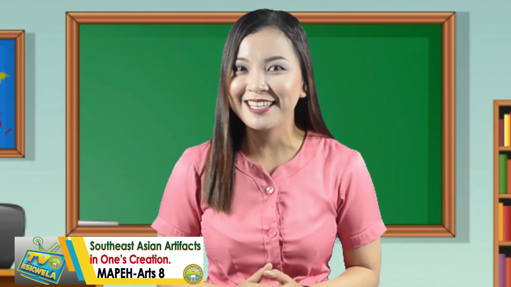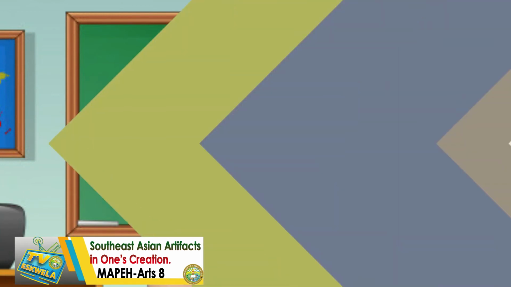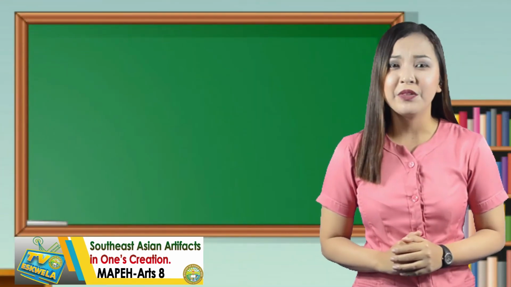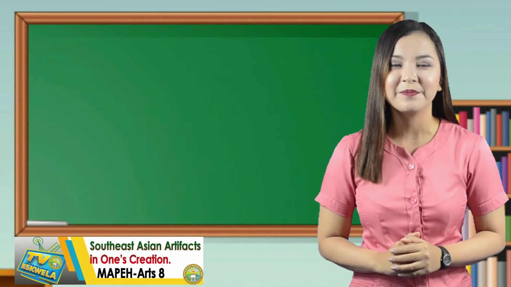Have you learned something from our lesson for today? I know you enjoyed everything that we have discussed about the different artworks of Southeast Asian countries. This time, let me give you this interesting artwork.